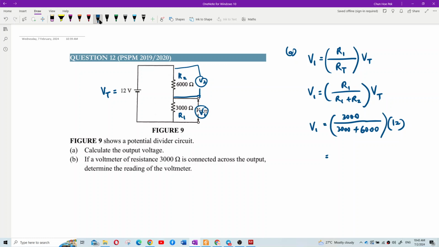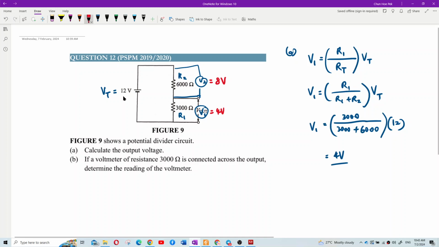Let's find out. 3 over 9, multiplied by 12. 4 volt. So V1 should be 4 volt. And what do you think will be V2? V2 of course will be 8 volt. 4 plus 8 you get 12.